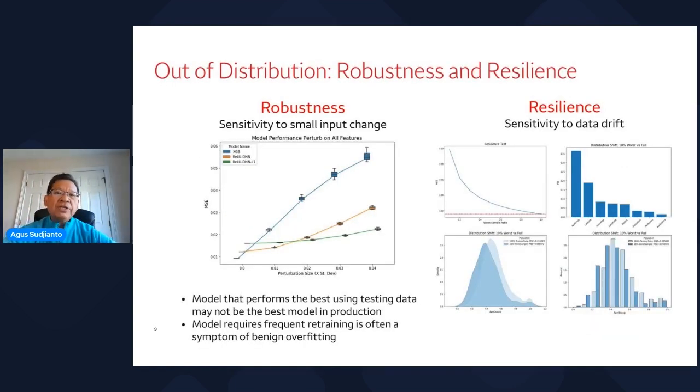It has out of distribution testing, talking about model robustness. Basically, in robustness, you perturb the input a little bit and see how quickly the performance changes. And resilience is really about drift. So we induce data drift, and then ask which variables are the most critical. If those drift, the performance will degrade the fastest. So this anticipates data drift.